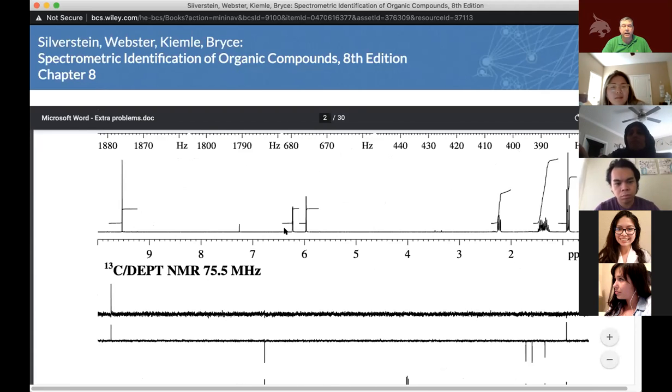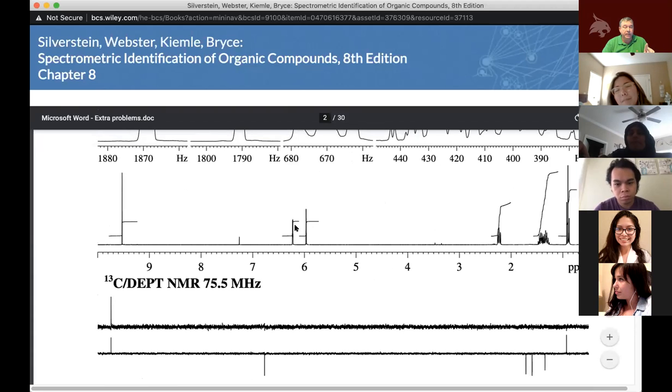An alkene, yeah. But what's important about this alkene is that it's di-substituted. And so it is either cis or trans alkene because it looks like we have one hydrogen, one hydrogen, one hydrogen. Then we have two hydrogens, maybe four hydrogens, and maybe three hydrogens. So let's see, 1, 2, 3, 4, 5, 6, 7, 8, 9, 10, 11, 12.